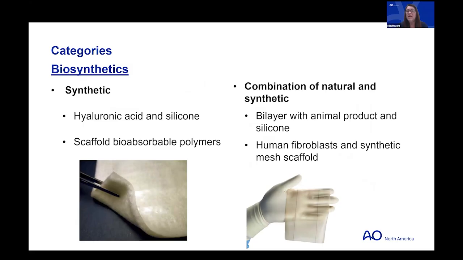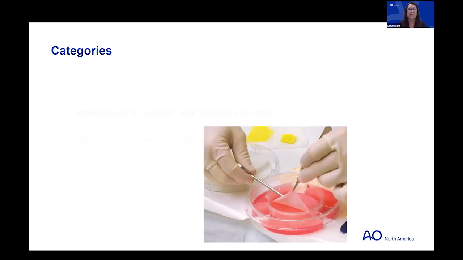A lot of the more commonly used products that we use here in the US are in this particular category. So you have a bilayer structure with animal cells and silicone typically. And they also can be made with human fibroblasts. But I think probably a really common one would be the animal and the silicone in the bilayer structure.